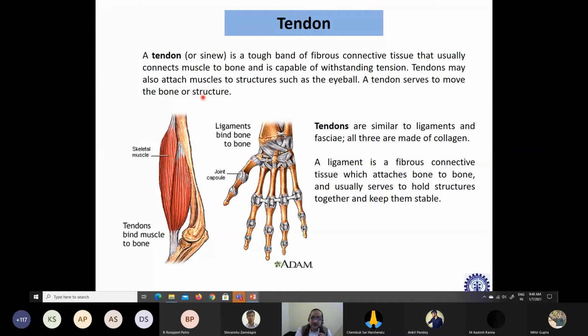The tendon is extremely important, although its main function is to connect the skeletal muscle to bone. It plays a very important role in movement. You probably have come across problems like tennis elbow. Once upon a time, Sachin Tendulkar had tennis elbow.